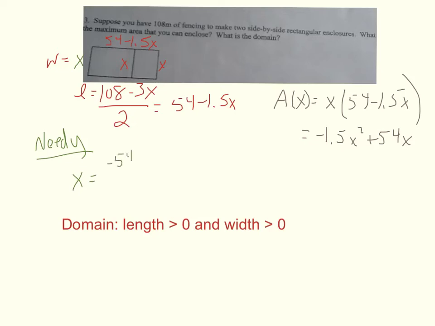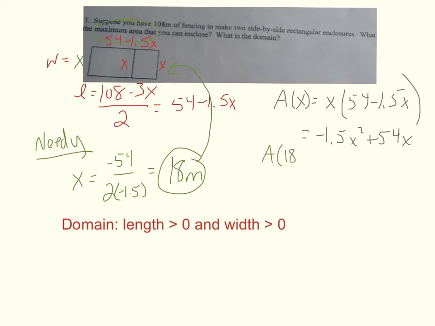Negative 54, this is the opposite of b over twice a. That's negative 54 over negative 3. That's positive 18 meters. So that's the x that gives you the maximum area, but it's not the maximum area itself. You got to plug it in.